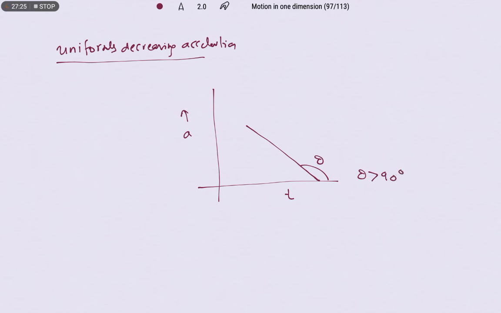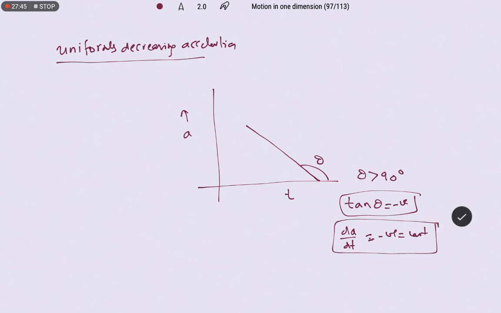If theta is greater than 90 degrees, the tan value will be negative. That means the slope is negative, dA by dt is negative, and the negative value is constant. In this way we can analyze the motion of an object with the help of these graphical representations.